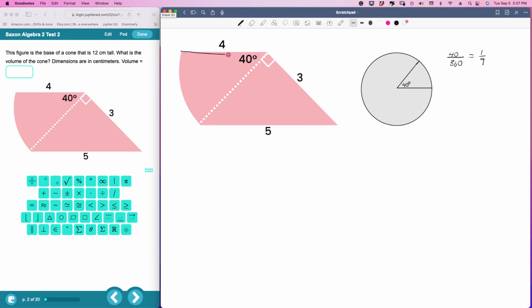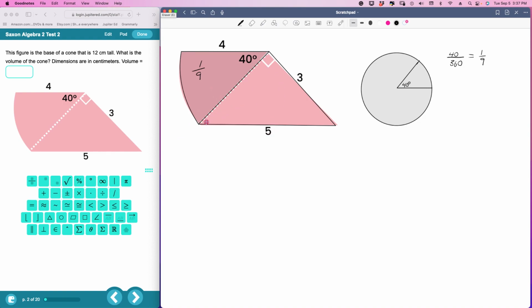So we're going to break it into 2 parts. We have the area here that is a sector, and then we have a triangle here. We already know that the sector area is 1/9 of the circle.